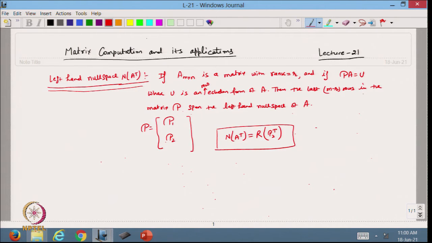Now, the next thing we want to discuss is the 0 null space.